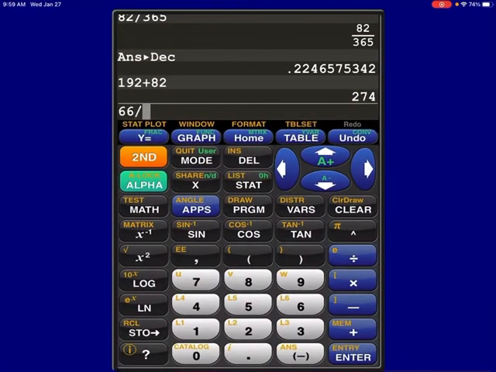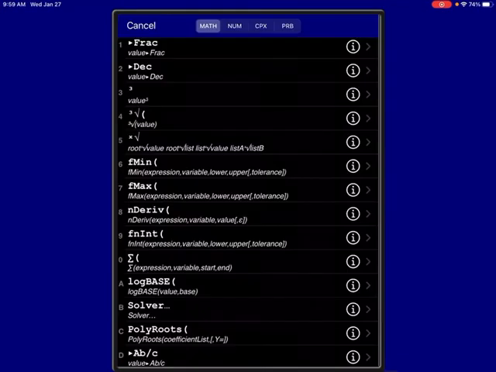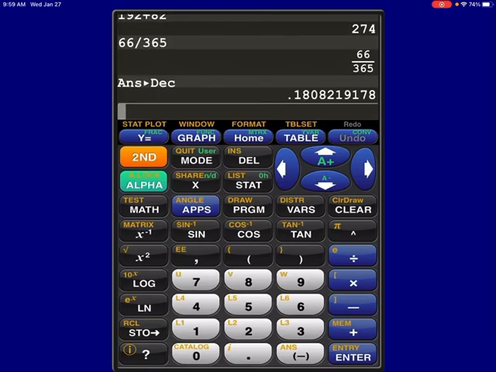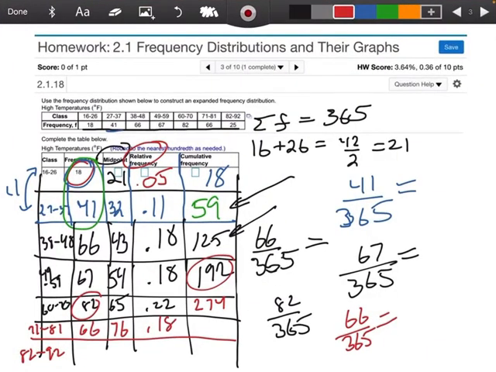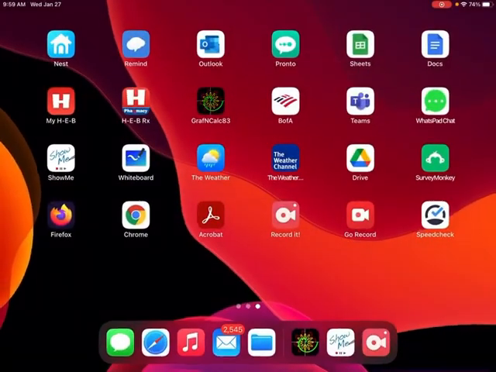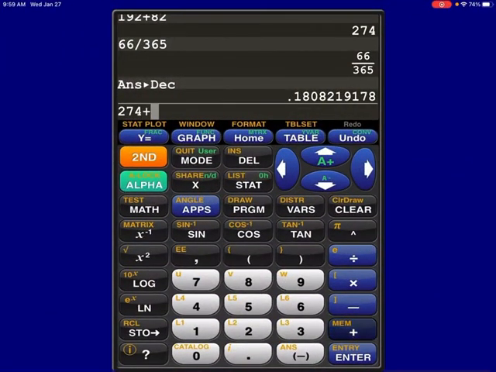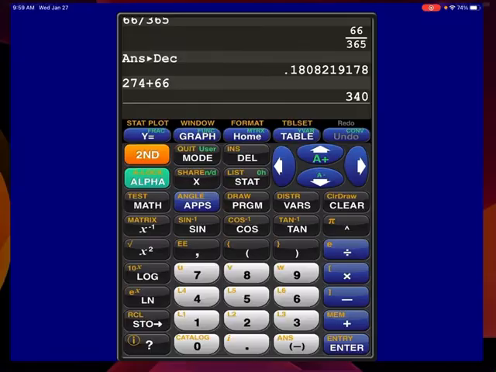I hope you can see that this is becoming repetitive: 0.18. Now we take 274 and add 66 to it. 274 plus 66 is 340.